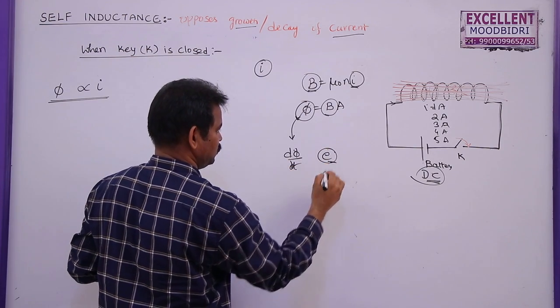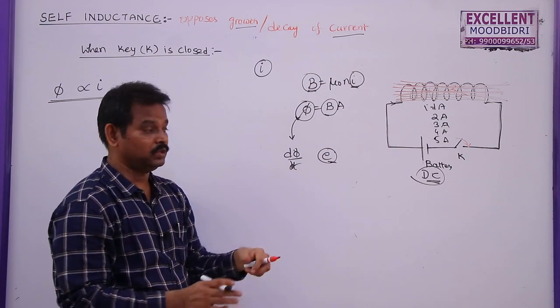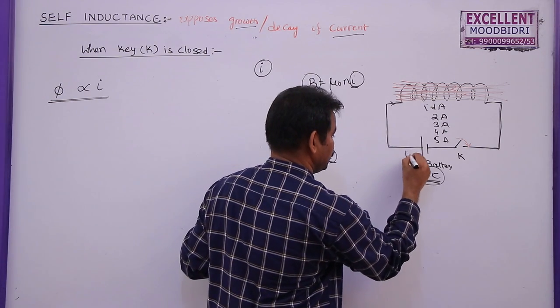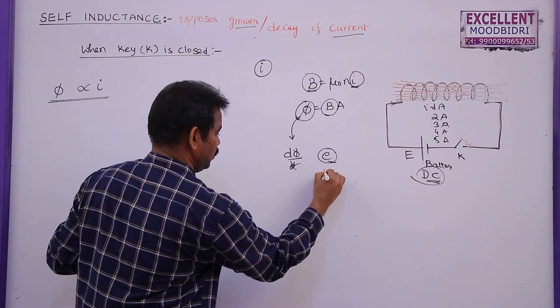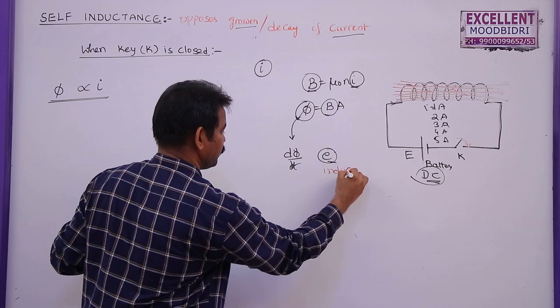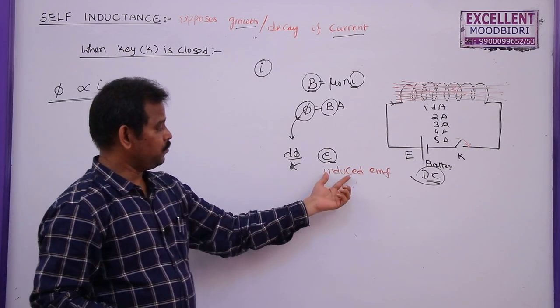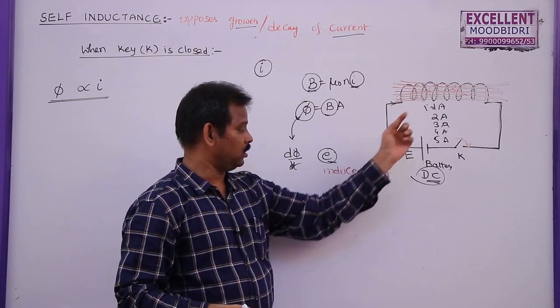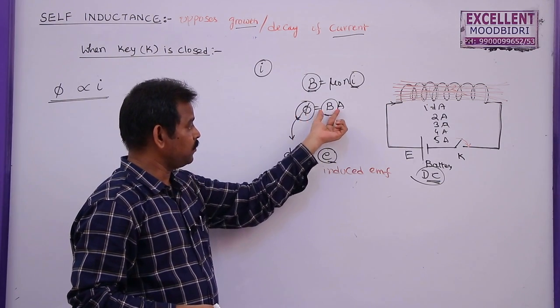When EMF is induced, according to Lenz's law, this EMF is always opposite to the EMF of the cell or battery that we are connecting here. So this is called induced EMF. This induced EMF is due to the flow of current through this coil. Induced EMF depends on rate of change of flux. Flux depends on magnetic field induction.